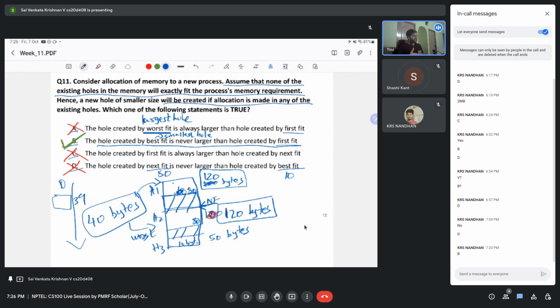It should find 40 bytes itself. Say one 40 byte hole is present. When will first fit find it? When it's present at the starting itself. Whereas best fit will always find it. You get the point, right? So the best performance of first fit will always be the answer given by the best fit algorithm only. Okay, got it.